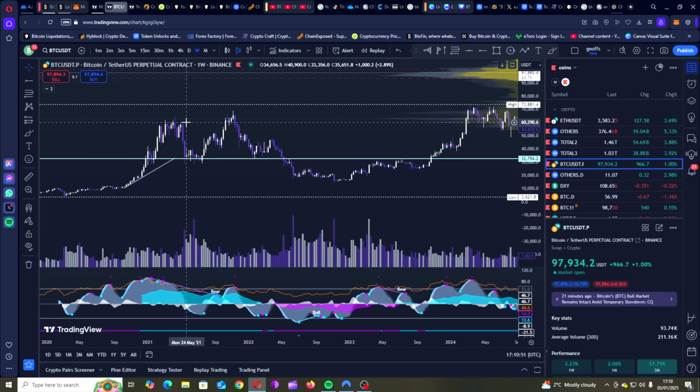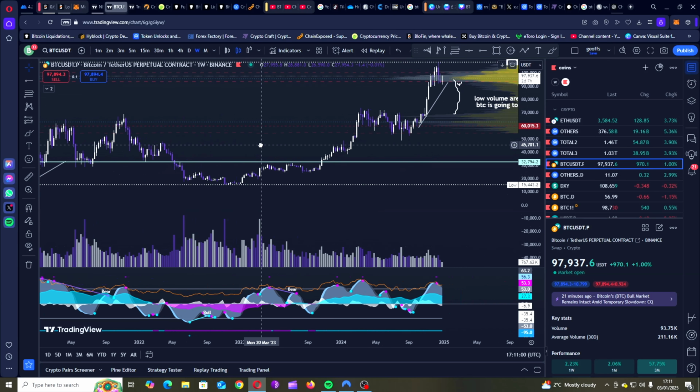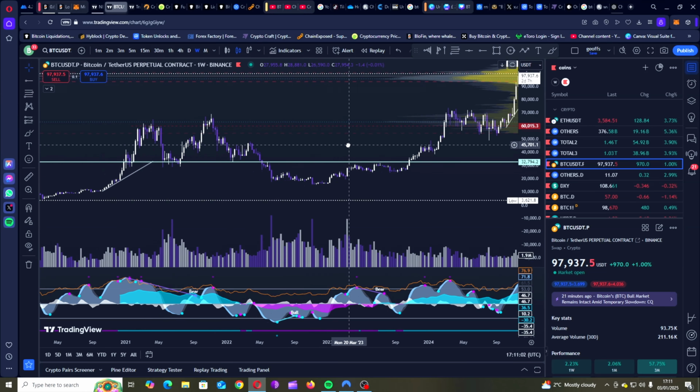So technically we'd have marked that out as a resistance area. Yeah? You can clearly see it was a resistance area. It did rally again slightly from there, so your short-term trades would have been really good.